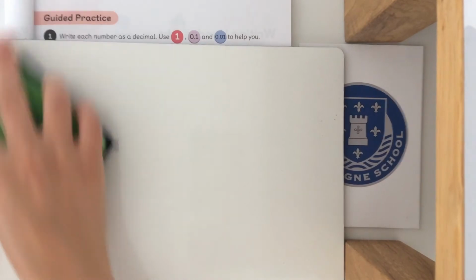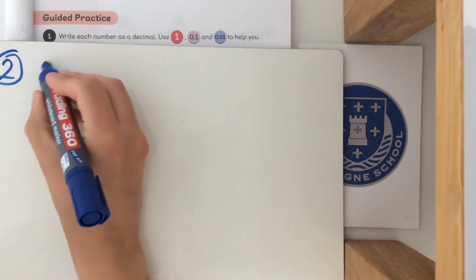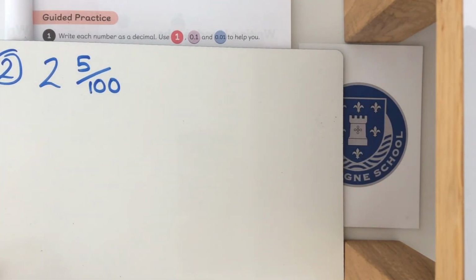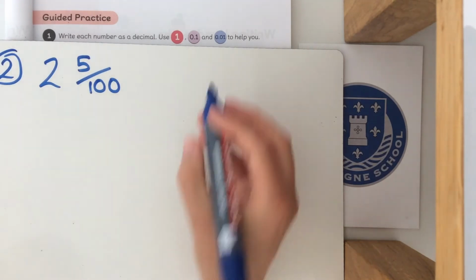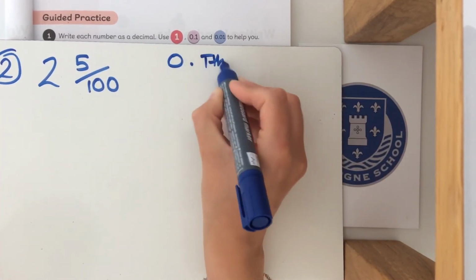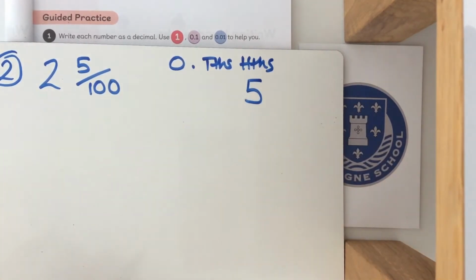So moving on to section 2, where we have got some ones, we've got 2 and 5 hundredths. Okay. So we know what hundredths look like, so we know that that bit, we've got 5 hundredths, so we know that the 5 goes in here.